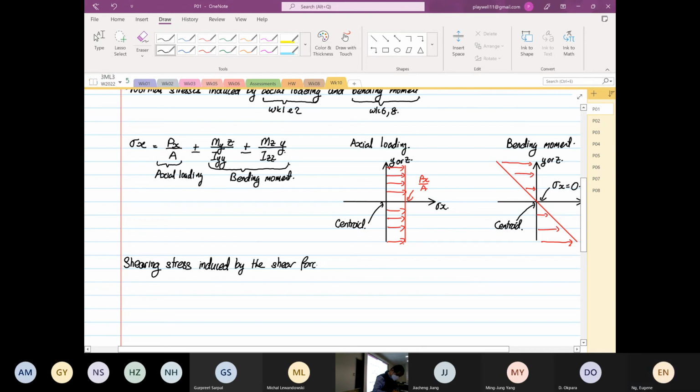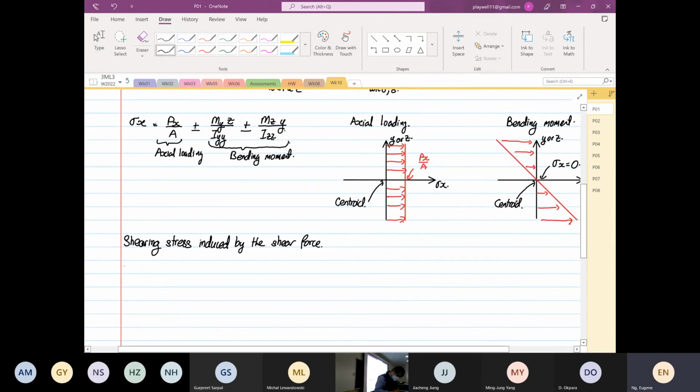Shear stress is equal to Vy over Izz times Qz over t, plus or minus Vz over Iyy times Qy over t.